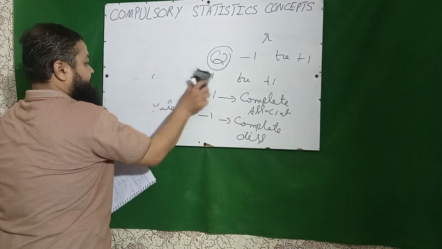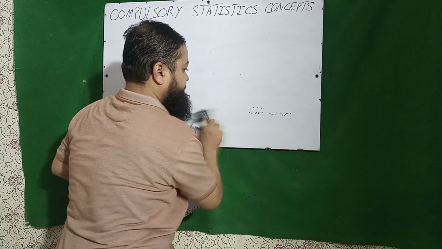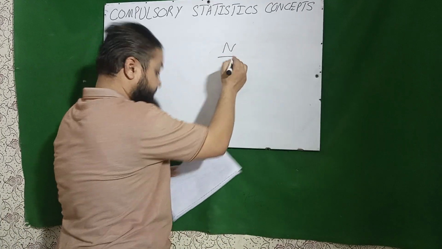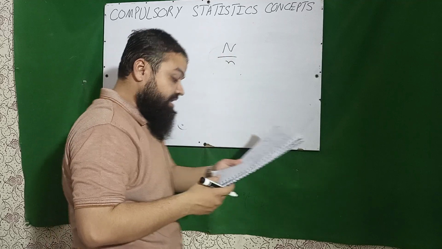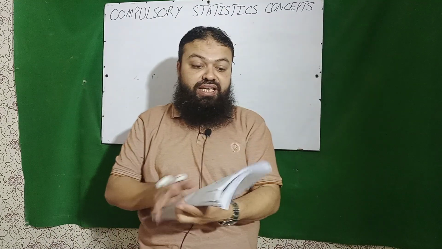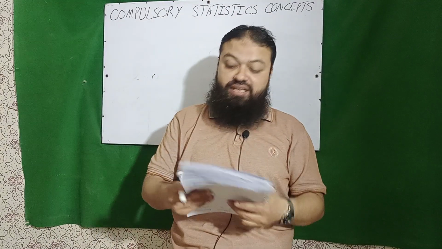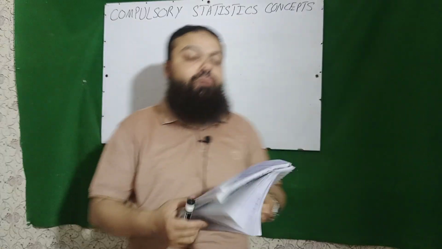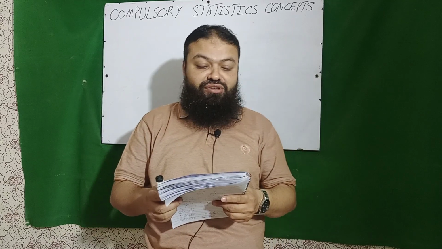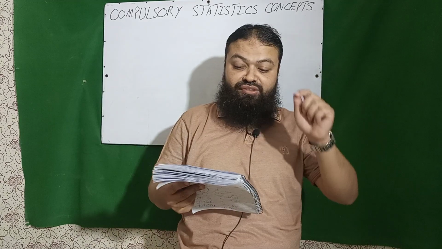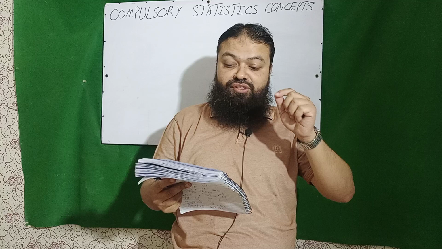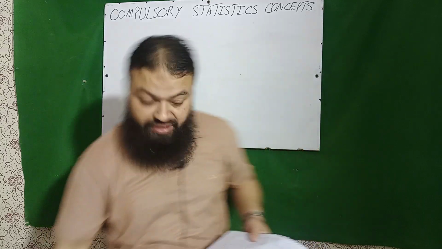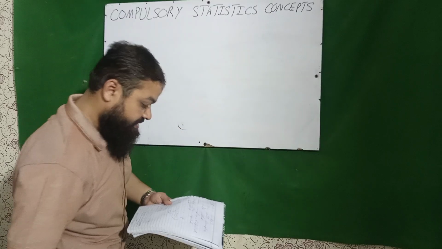Next question is, capital N over small n, it is called inflation factor, it is called raising factor, it is called expansion factor. Next question is, snowball sampling is also called chain sampling, it is also called referral sampling, it is also called chain referral sampling. All are correct one.